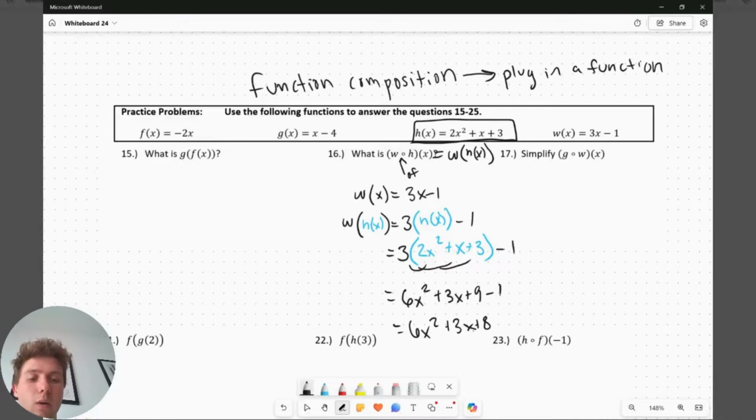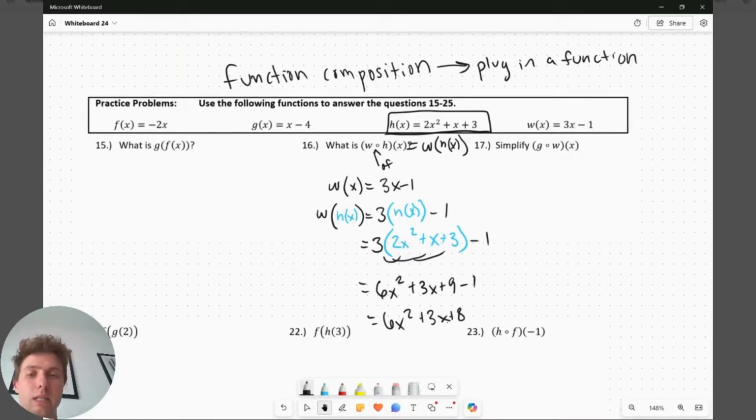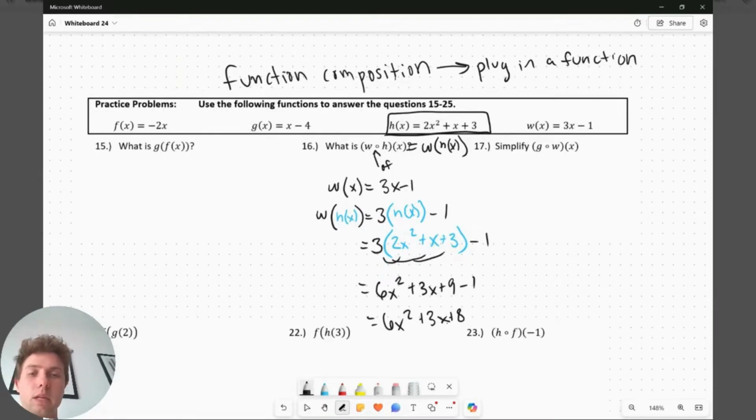Let's go ahead and look at one more of those while we are at it. Let's look at number 17 as well for this purpose. Again, if you have that little o, that doesn't mean multiply, that means of. Change its notation to be with parentheses on more parentheses: g with w of x on the inside. Well, same process starts then.